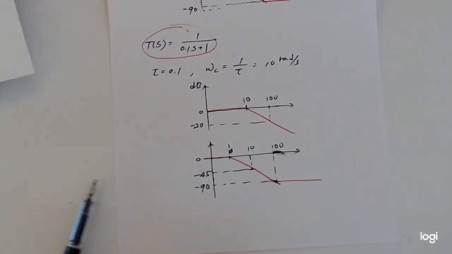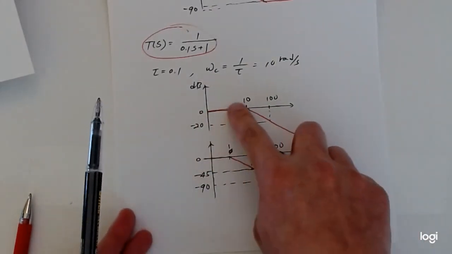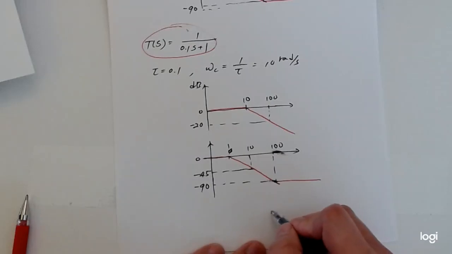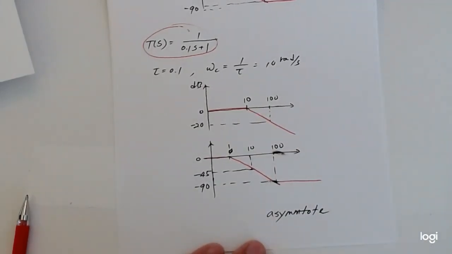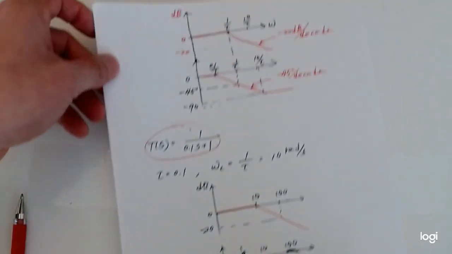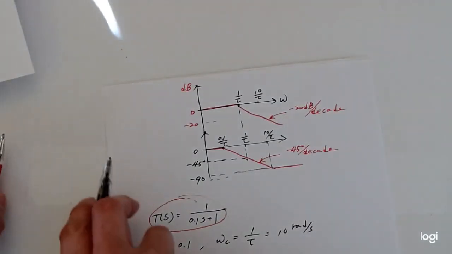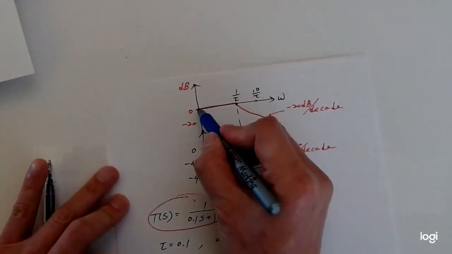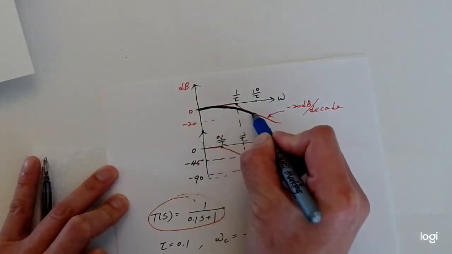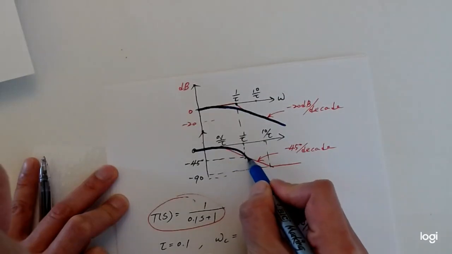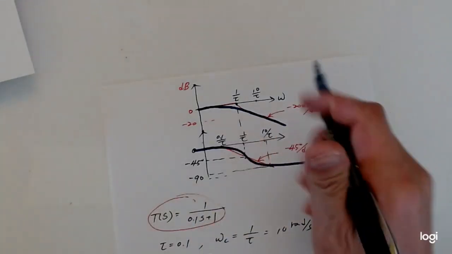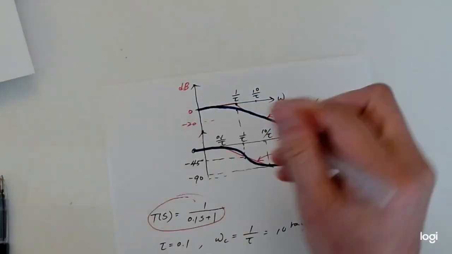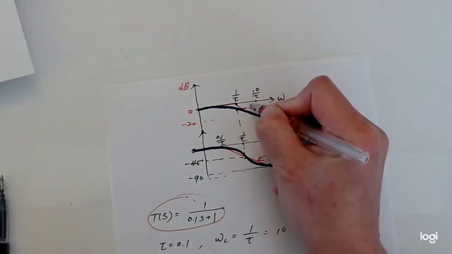One thing to specify is that this is an approximation. This is what we call the asymptote. For the exact case of a first order system, we should have a curve here and a curve here, and the exact point at the cutoff frequency is the so-called minus 3 dB.